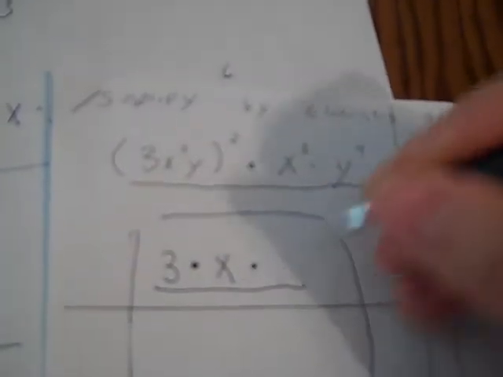First off, what are the numerical bases we have? We have 3. And these other numbers are not exponents. We just have the 3. Times. And now let's look at our variable bases. Well, I've got x. Now I know there's 2 x's, but we want to just write one of them down. And I also have y. We write one of those down.